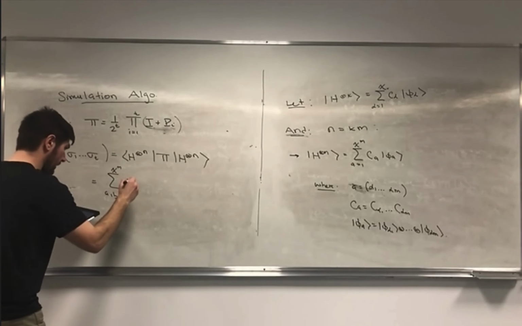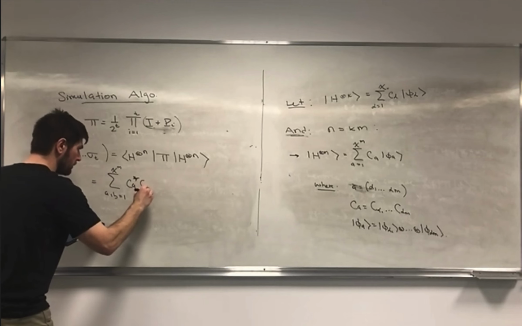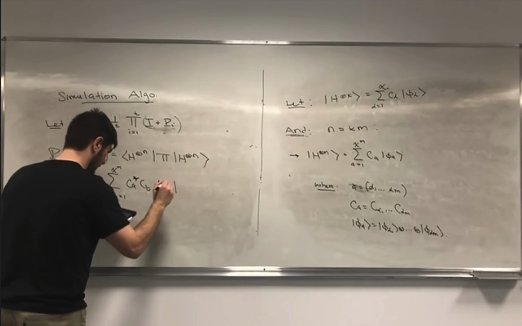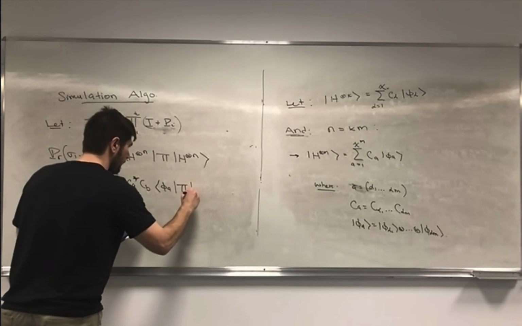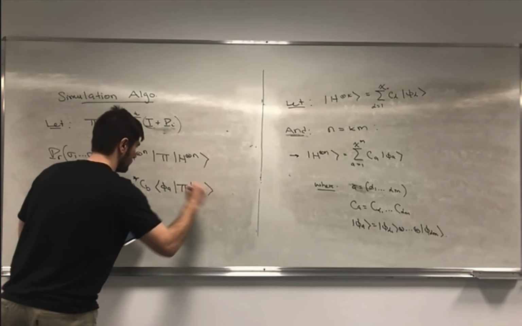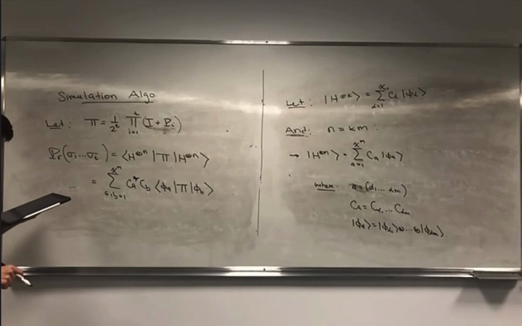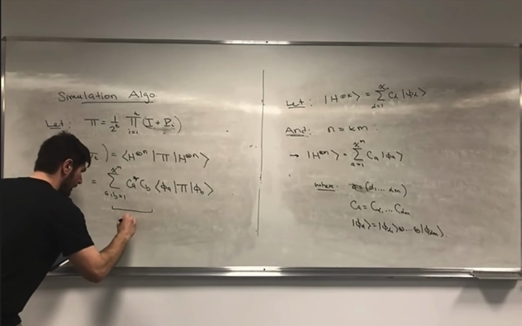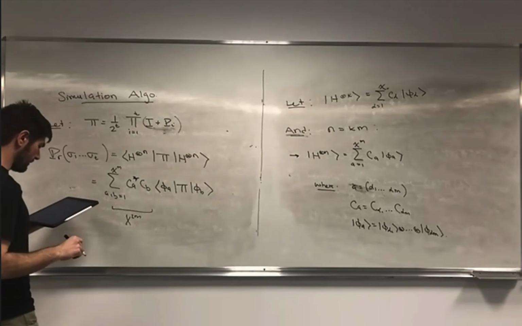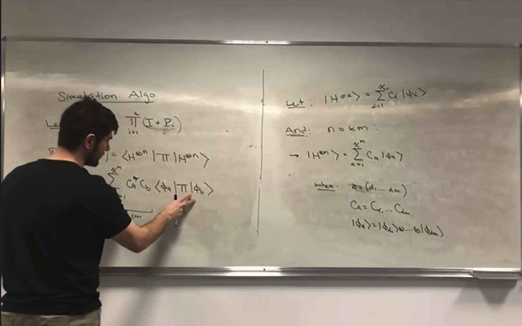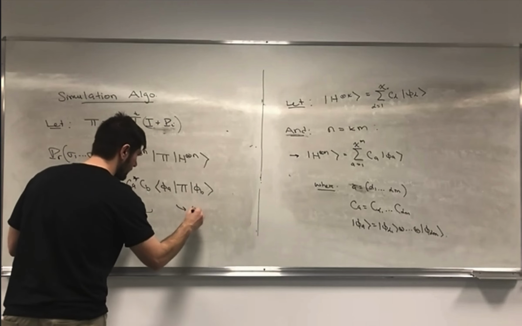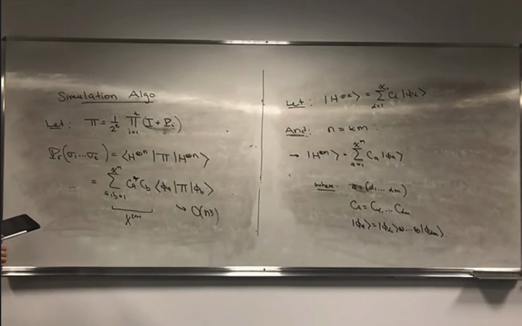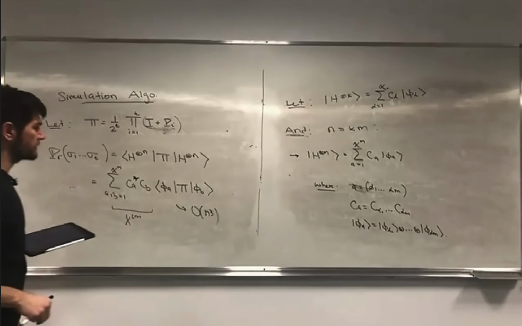C_A star C_B, phi_A, phi_B. So there's chi to the 2m terms altogether, and each of these can be computed in order of n cubed. So this is just the quantity that we wrote down before.